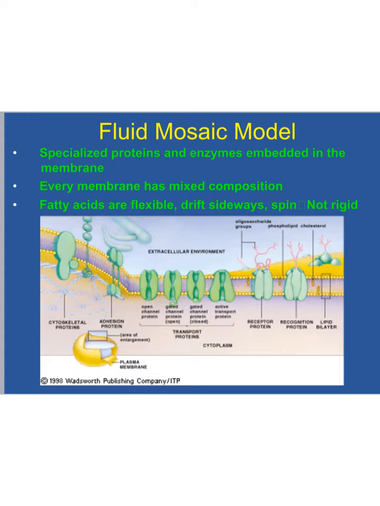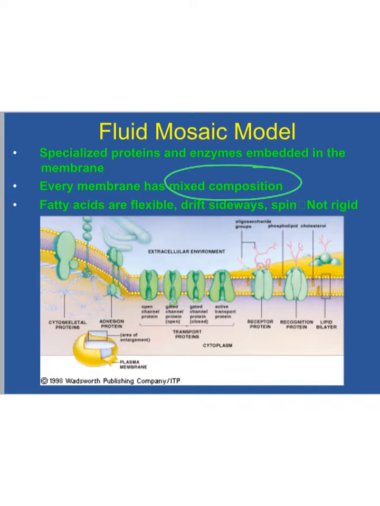All right, so the model of the cell membrane is what we call the fluid mosaic model. Fluid means that every membrane is different. We have a mixed composition, meaning that it's not always the same phospholipids, and not always the same proteins. So it can vary from organism to organism and even from tissue to tissue.